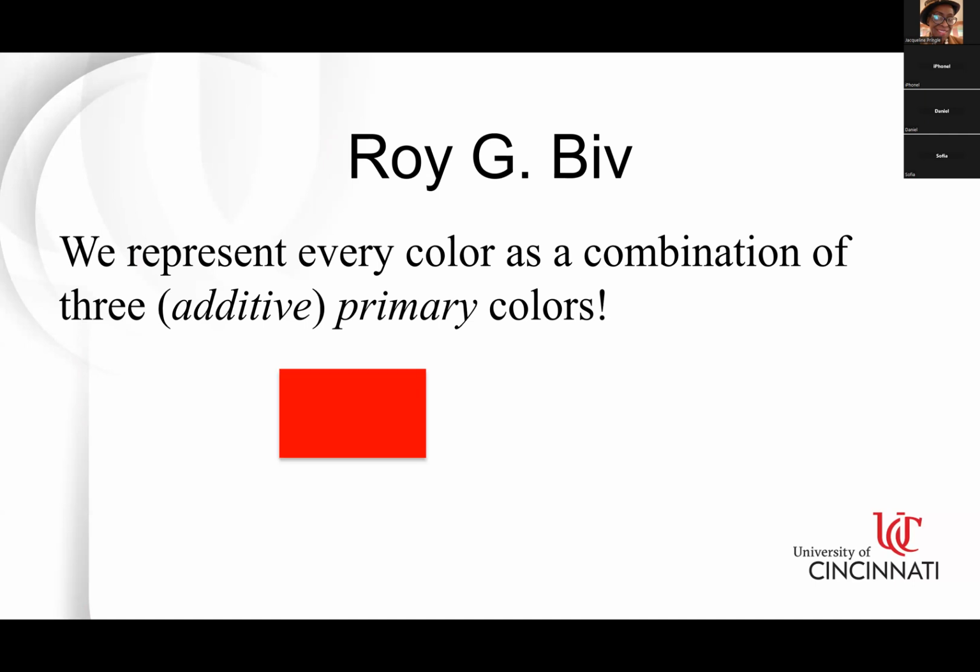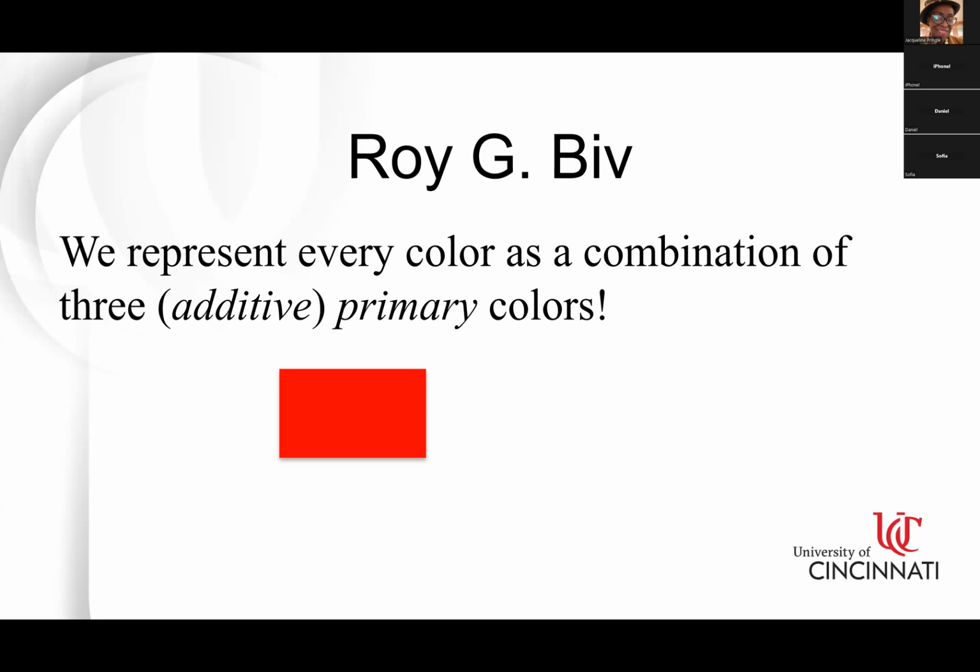And what we're going to do is dissect what it means for a computer to display or store an image. And the way the computer does that is each little spot in the image is actually a combination of three of the primary colors.